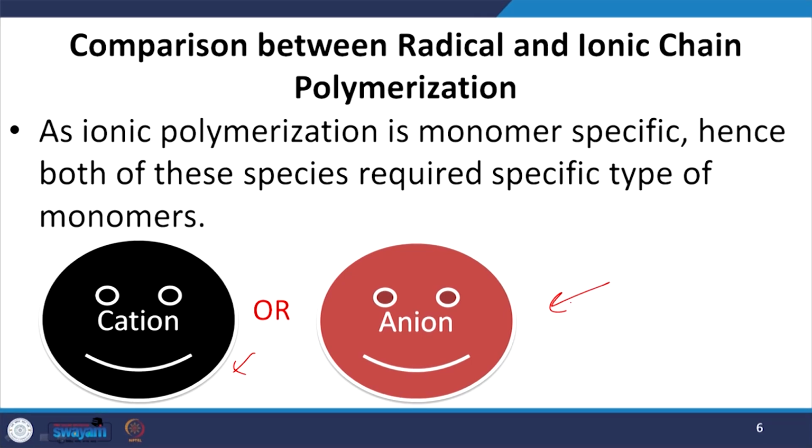Whenever you require any specific polymer product, you have to be very choosy according to the monomer. If you are going through the ionic polymerization route, you must remember that this route is monomer specific. Based on the type of monomer, we can differentiate between the radical and ionic chain polymerization.